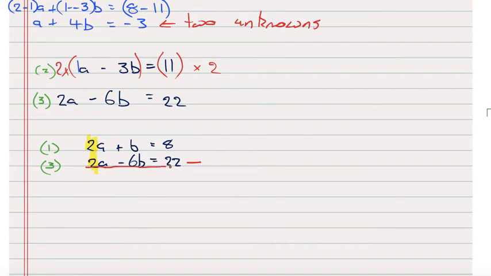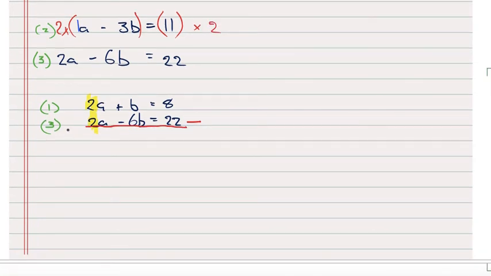So doing that operation, we'll go 2 minus 2a, plus 1 minus negative 6, equals 8 minus 22.